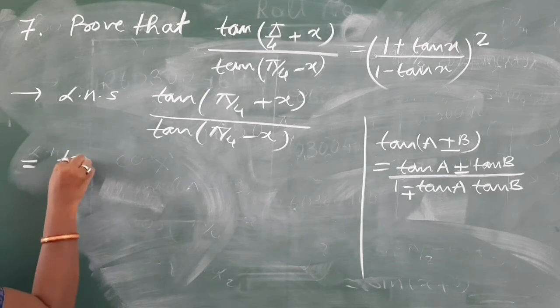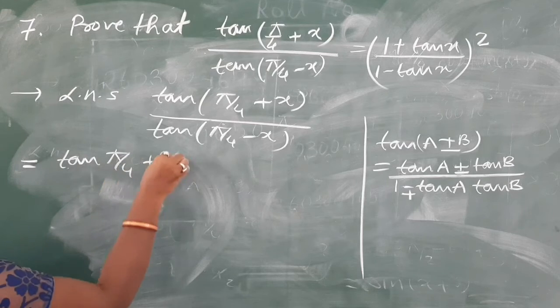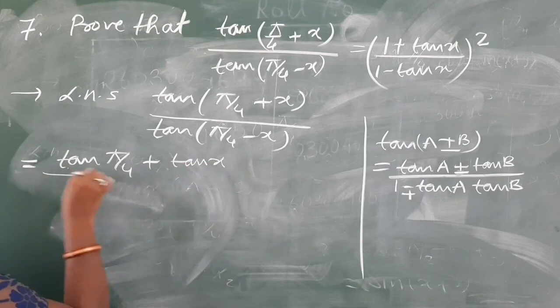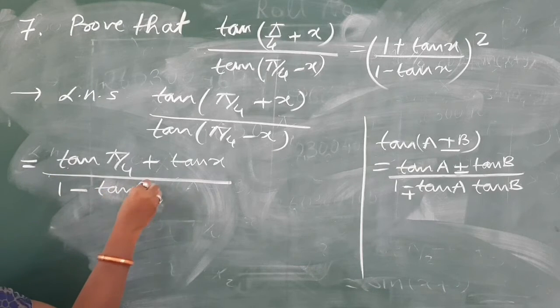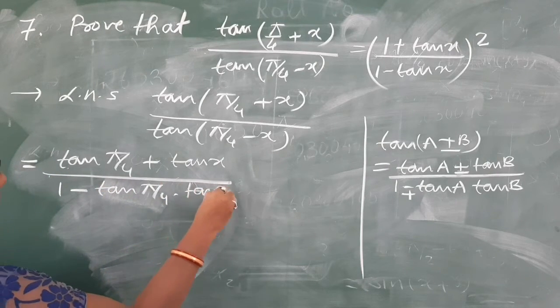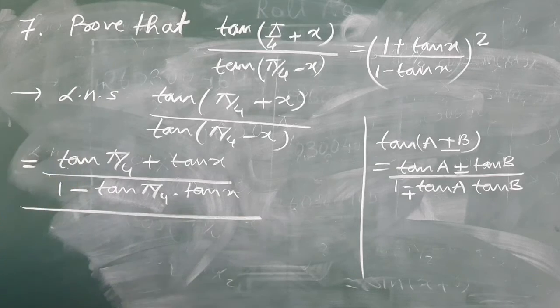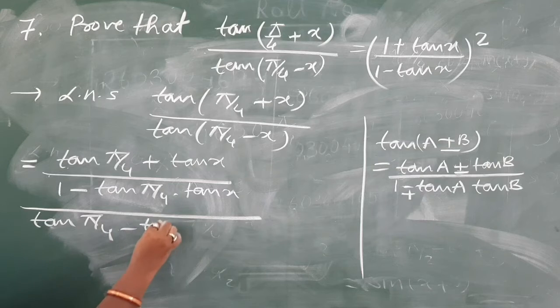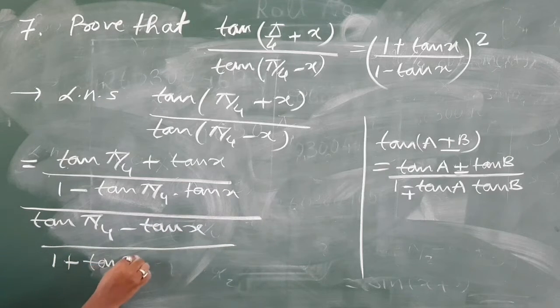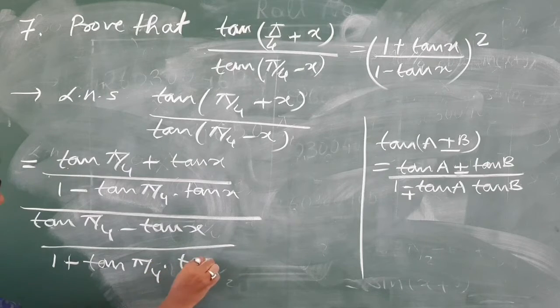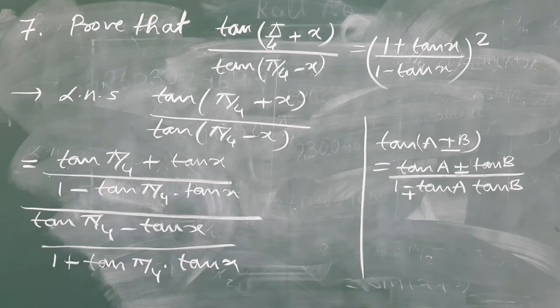So tan pi by 4 plus tan x by 1 minus tan pi by 4 into tan x, divided by tan pi by 4 minus tan x by 1 plus tan pi by 4 into tan x. The formula I have applied, and then I will apply the value of tan pi by 4.